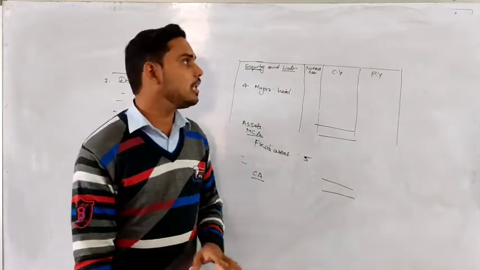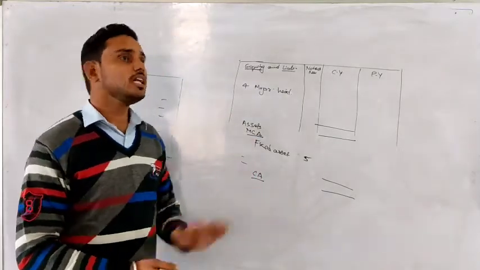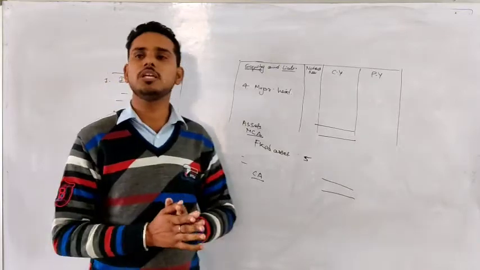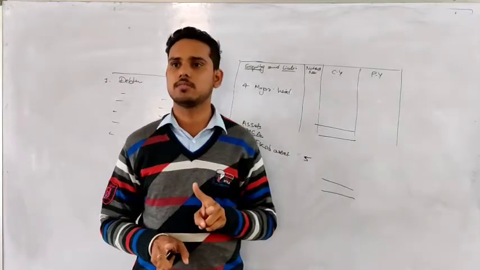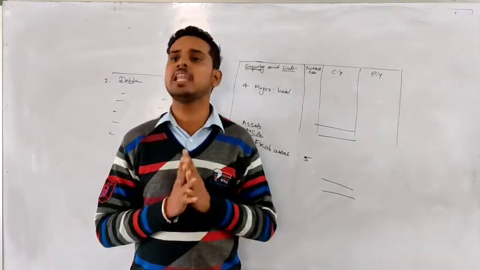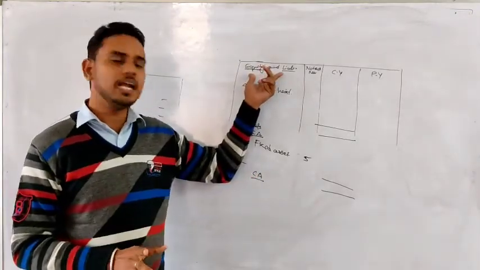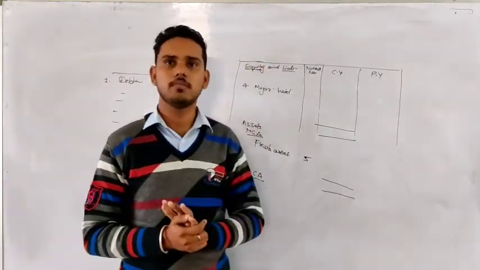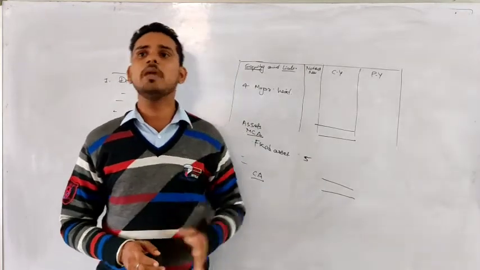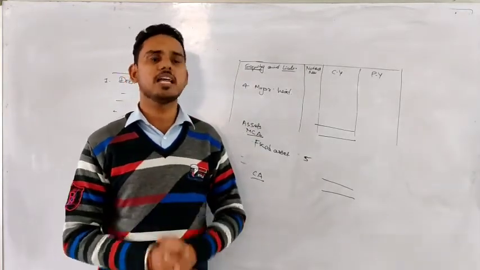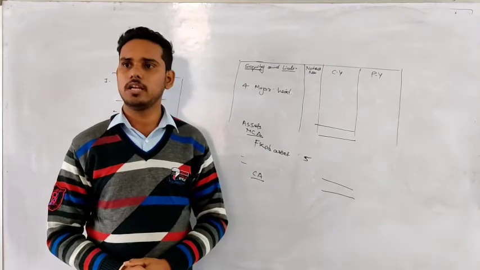Right? So we can conclude on the basis of this that in the balance sheet there are firstly 2 sides, or you can say 2 main heads. What are the main heads? Equity and liabilities is the first main head, assets is the second main head, right? In the main head there are some major heads, right?